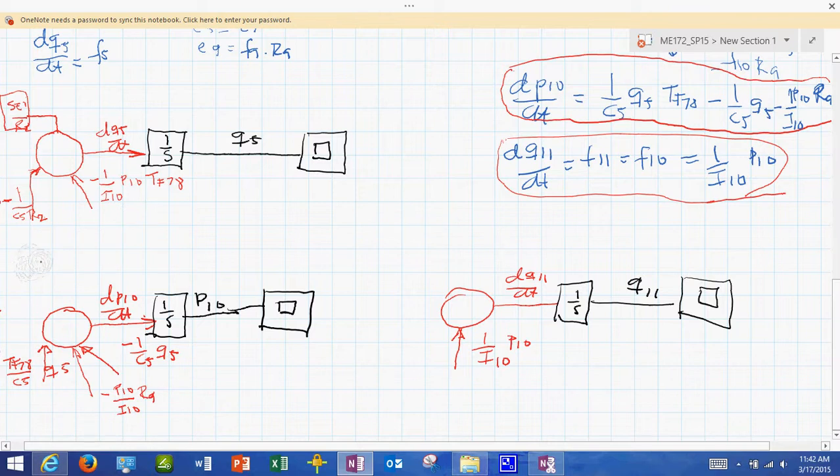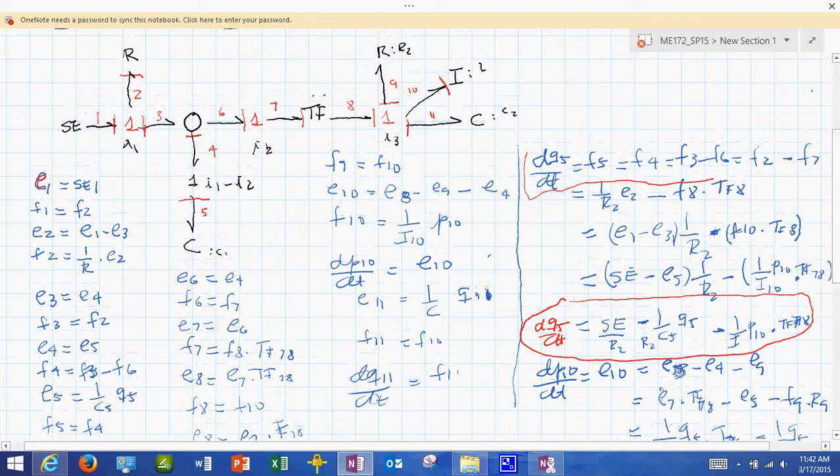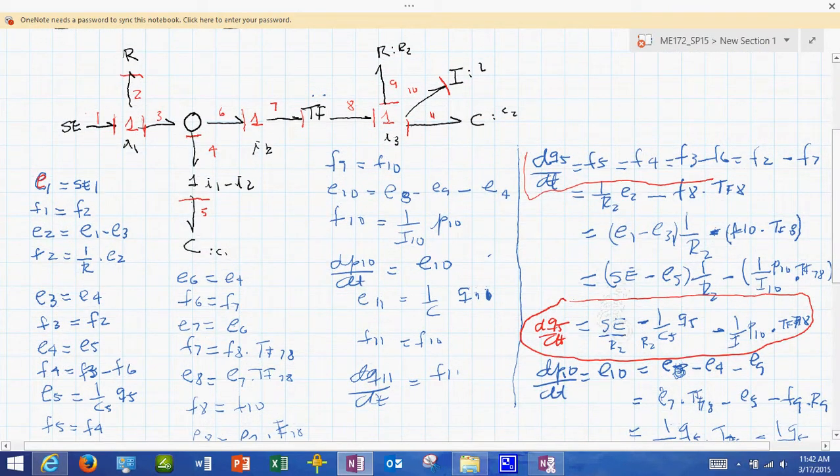See, this one has, which one was this? 2 times R2, but it didn't. Q sub 5. All right.